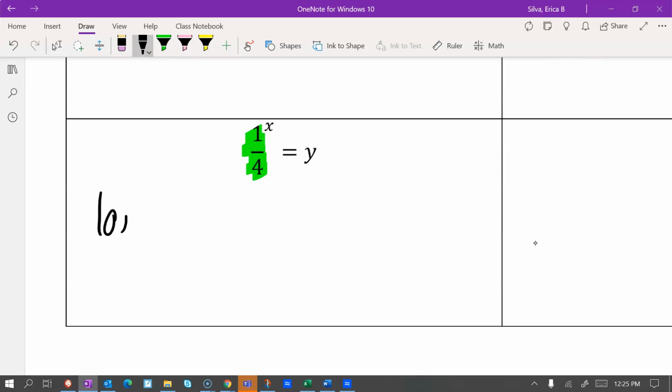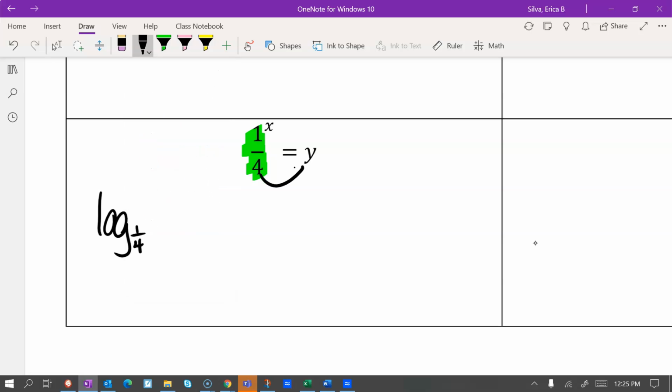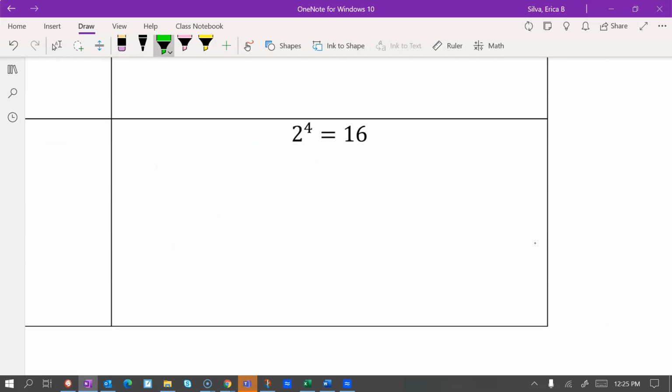So we're going to do the log base 1/4 of y is equal to x. And the last one, identify your base. So it's the log base 2 of 16 is equal to 4.